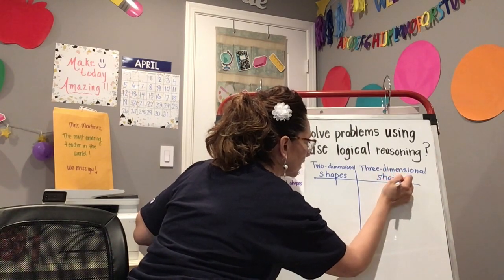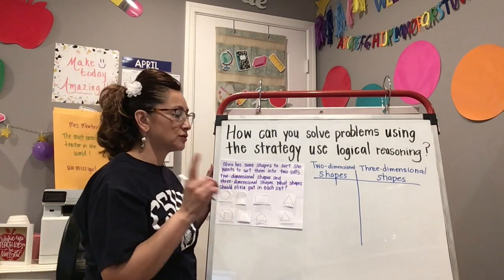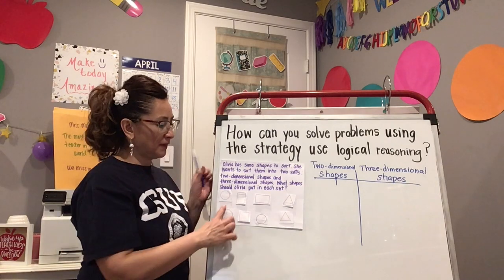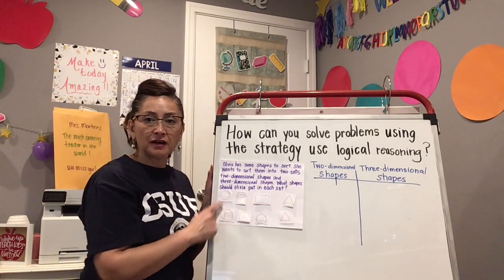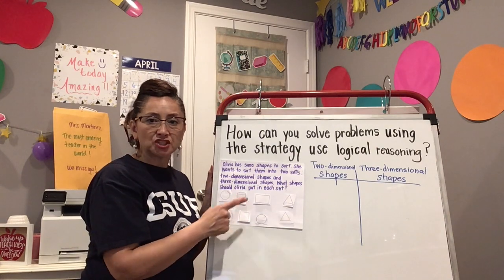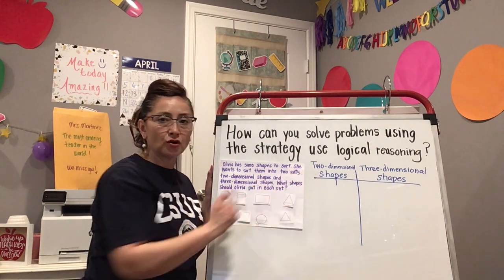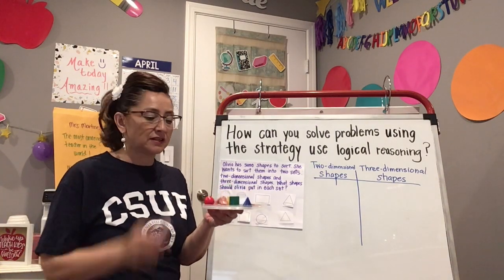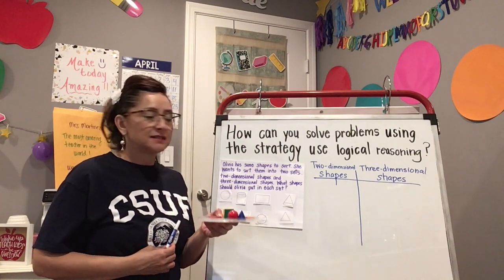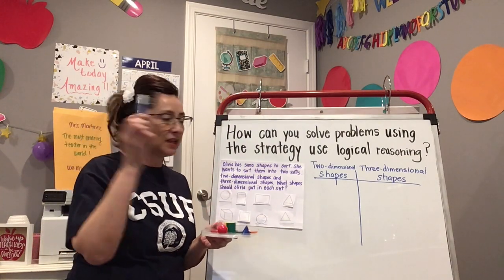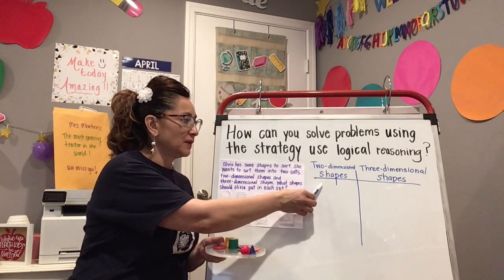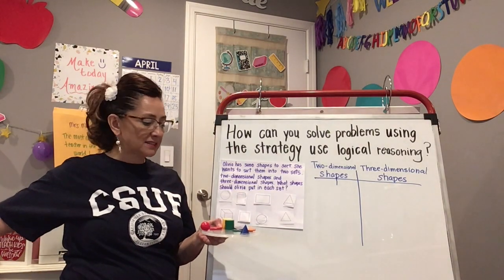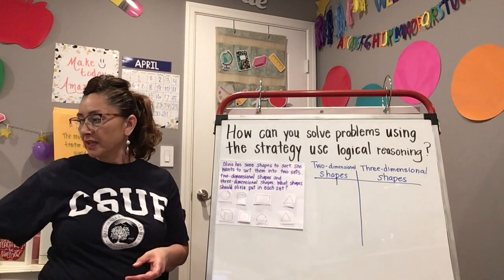Because remember, she wants to sort two sets, okay? So I have the pictures here of the different shapes that she needs to sort. Now, I also have our little models of these shapes to help us decide using logical thinking whether our picture belongs under two-dimensional shapes or three-dimensional shapes. Okay, so let's take a look at our first shape.